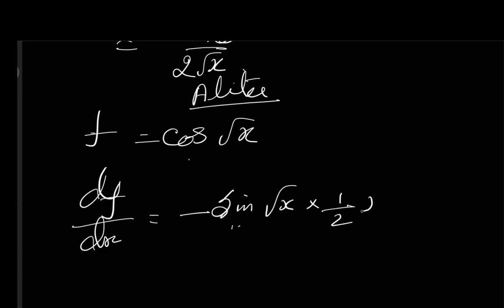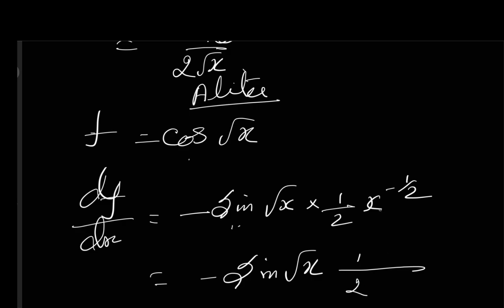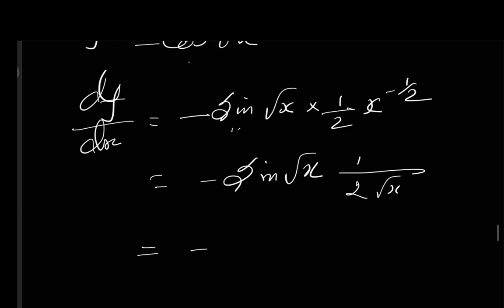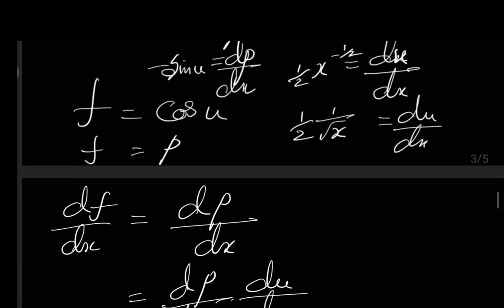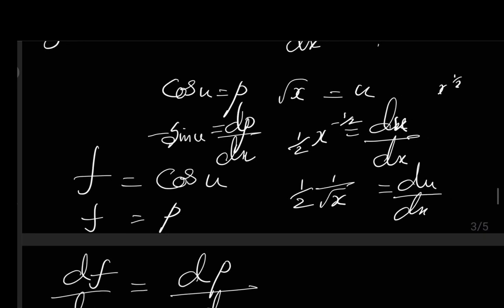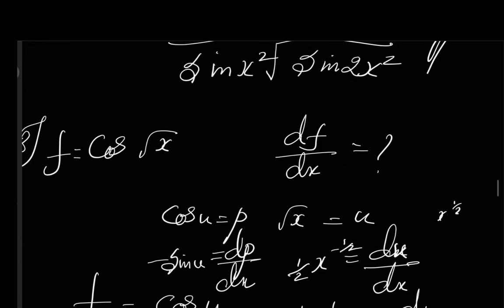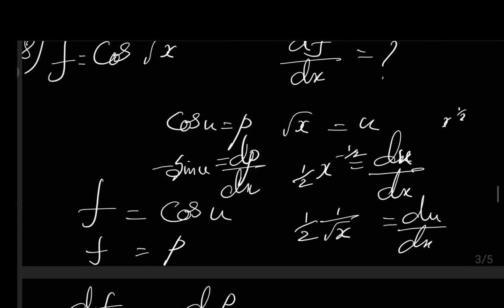Root x is half of x power minus half. That's all. Minus sine root x, 1 by 2 root x. So minus 1 by 2 root x sine root x. That's all. So for this exercise you have to apply the chain rule. I have done this. Just make the substitution directly. You can do the sum. Thank you.